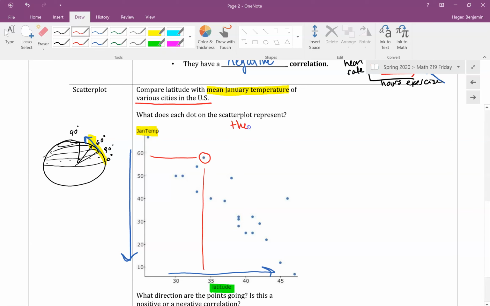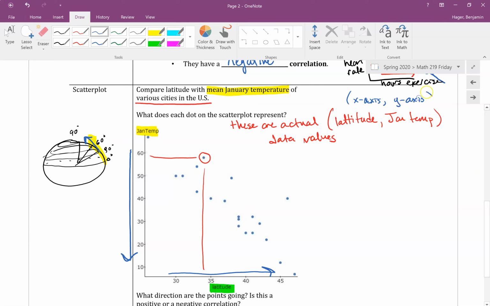So let's say these are actual latitude, January temp, data values. Remember, when writing things in an ordered pair fashion, we always put what's on the x-axis first, and then the y-axis next.